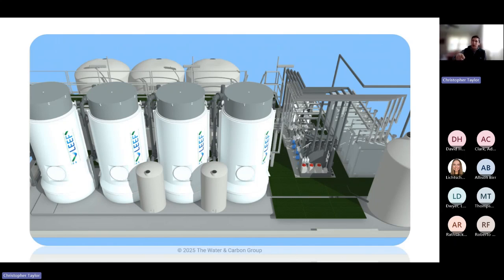Then that liquid is pumped back into the foam concentration step. That foam concentration step, when all said and done, brings that total flow down to about 0.1% in total. So you're left with 0.1% of the total flow. That is your leftover volume that has the PFAS concentrated in it.